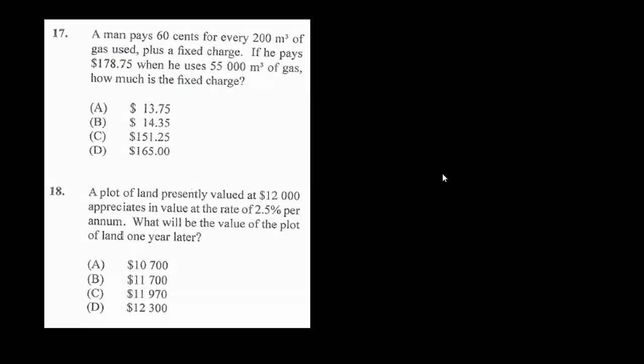Okay, so the first thing you're gonna figure out is, you can say 55,000. We're gonna use our mathematical skills. Divided by 200.